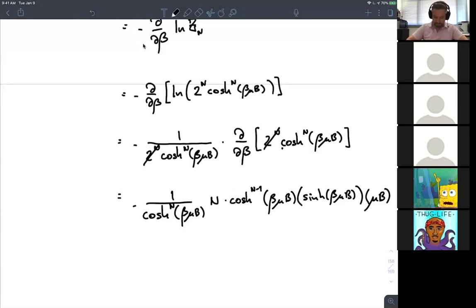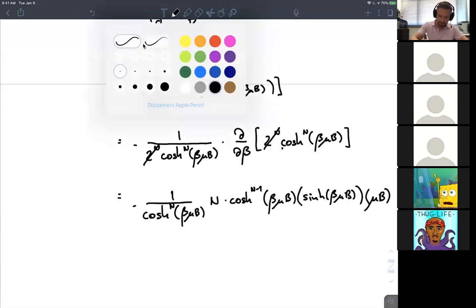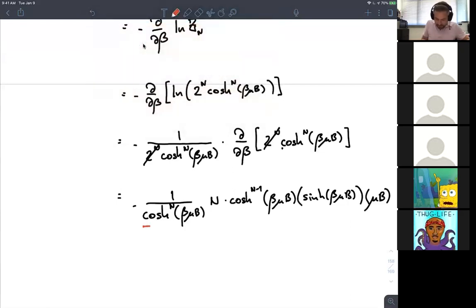Not so bad, right? So now you can see that what we have down here in the denominator is cosh to the power of n, and what we have up here in the numerator is the same cosh with the same argument, beta mu B. We just have n minus 1 of them instead of n of them.